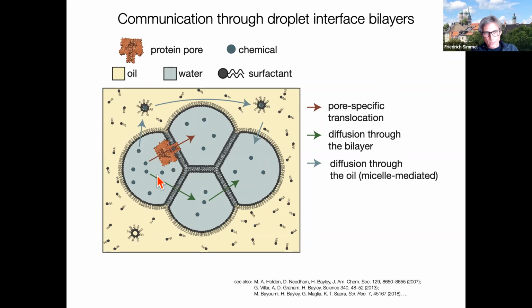So we were studying simple forms of communication between these systems for a while, and what you can also do is incorporate protein pores, like it's shown here, the standard alpha hemolysin pore, and then let things permeate from one compartment to the other, and potentially also switch on or off chemical processes depending on what you have in these droplets.